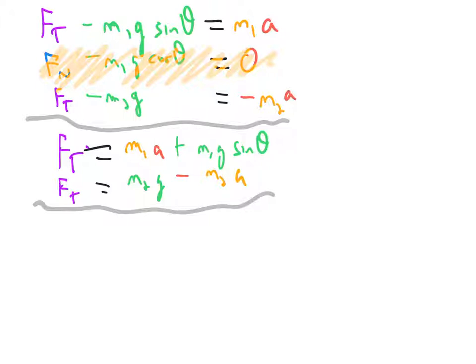So we end up with m1a plus m1g sine theta is equal to m2g minus m2a. And what I'd like to do is get the a's on one side, so I'll add m2a to both sides.